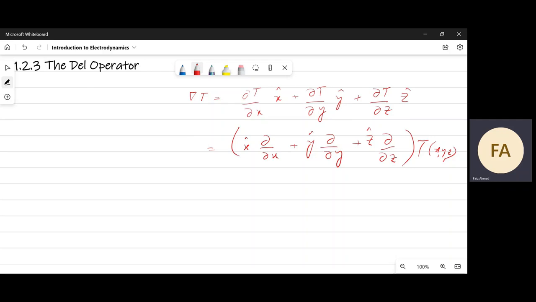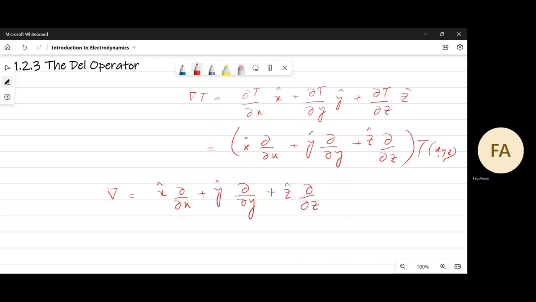This quantity, which is operating on scalar function T, is called the del. So we define del as x partial over partial x plus y partial over partial y plus z partial over partial z.